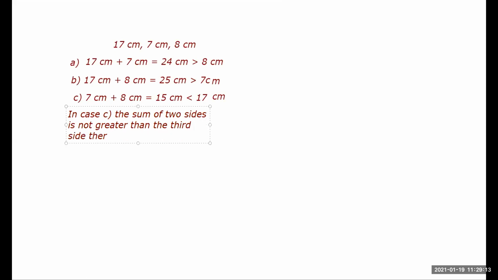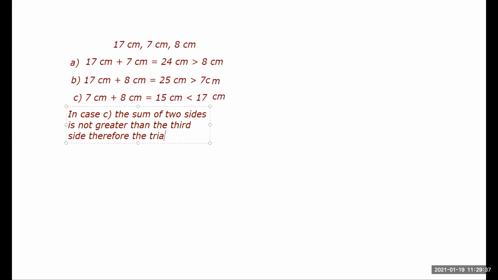Therefore, the given sides... or else we can write down, therefore, the triangle cannot be drawn with these sides.